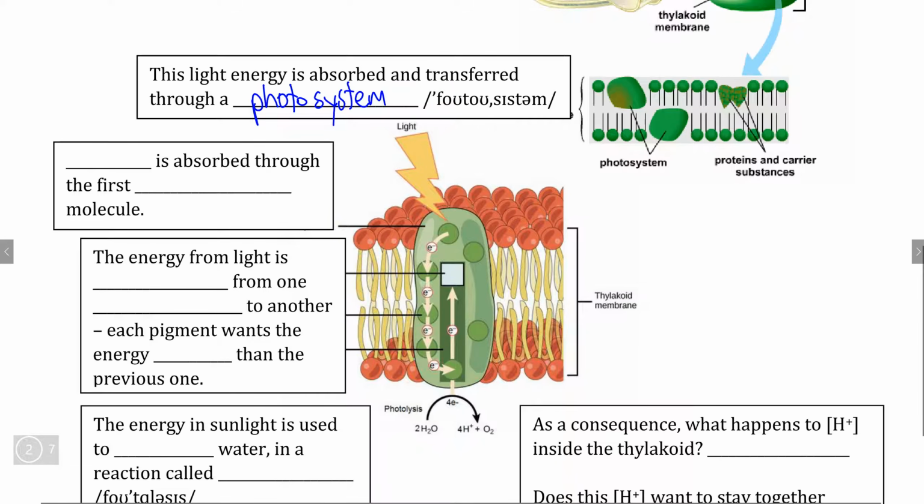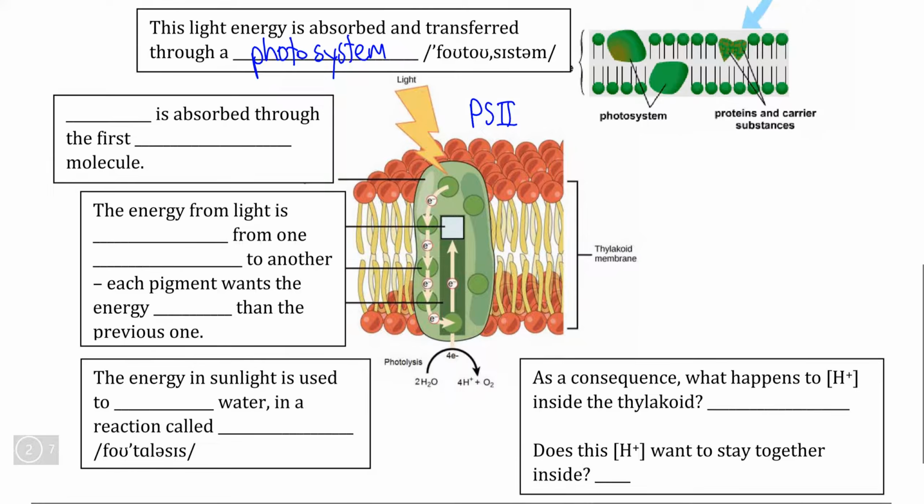Chloroplasts generally have two distinct photosystems, which we call photosystems 1 and 2. The irony, of course, is that photosystem 2 is regarded as the starting point of the chemical reactions in photosynthesis, but we call it photosystem 2, or simply PS2, because it was discovered after photosystem 1.